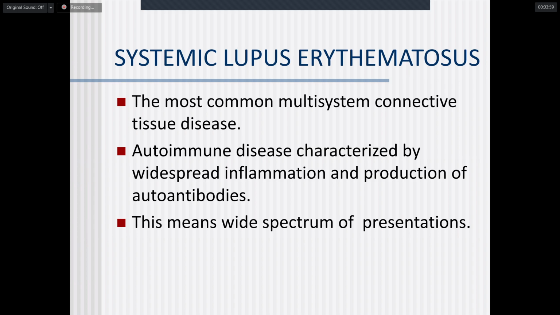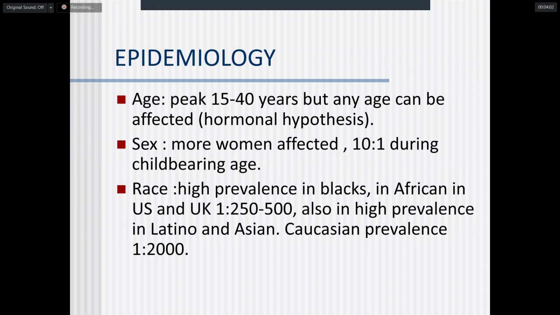This means wide spectrum of presentation زي ما راح نشوف. Peak age من 15 إلى 40 سنة. More women are affected than men. Also it has high prevalence بالblacks, بالAfrican Americans وبالUK.